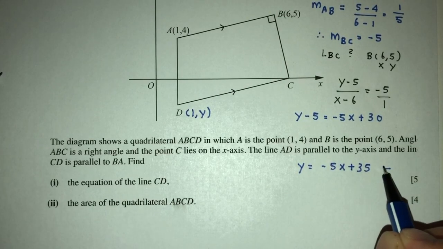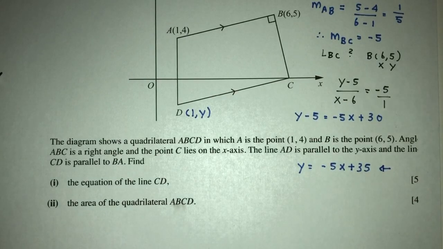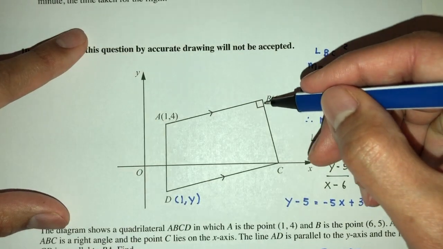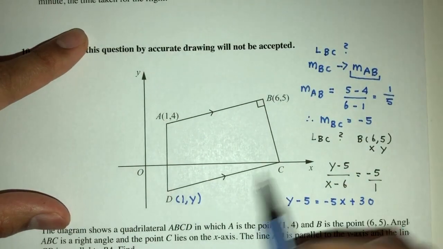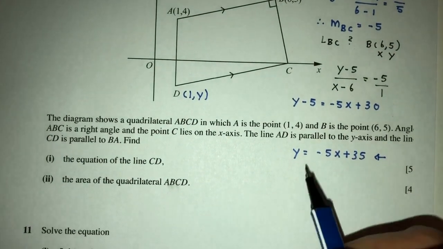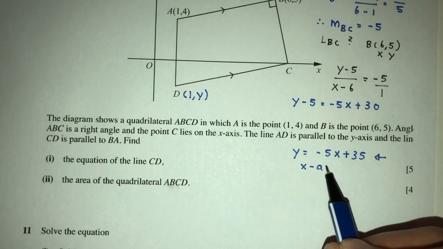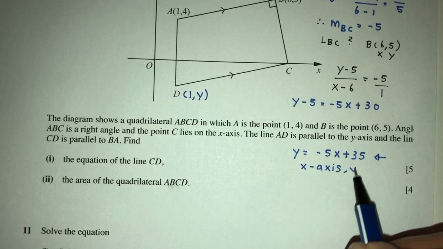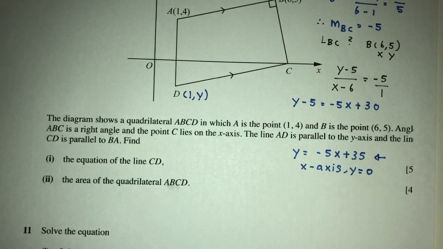So this is my first part of my plan to find the point C. Now, I know this equation. I know the point C lies on the x-axis. So on the x-axis, we know that the value of y has to be 0. Replace in the equation to see what we have.